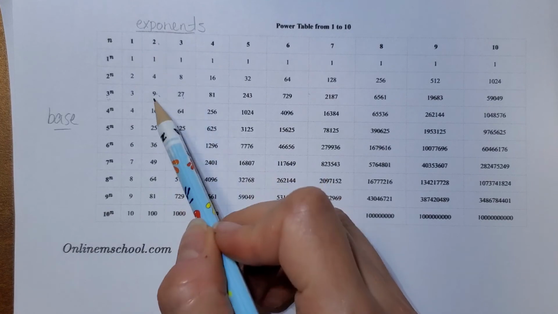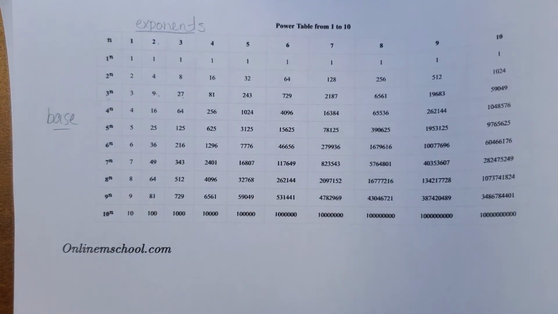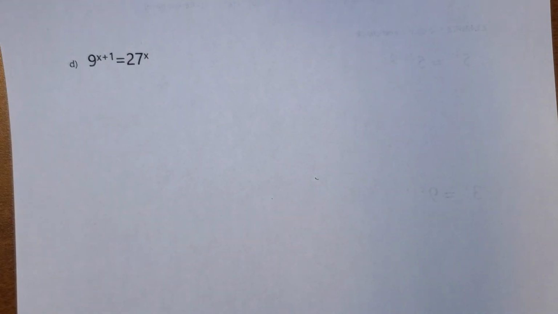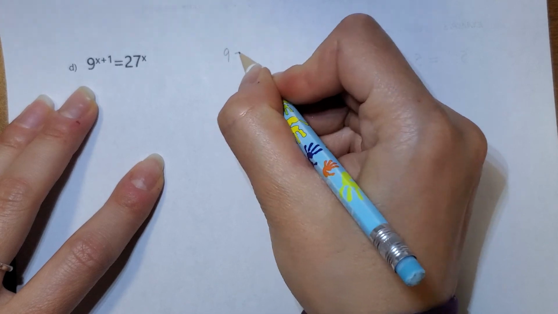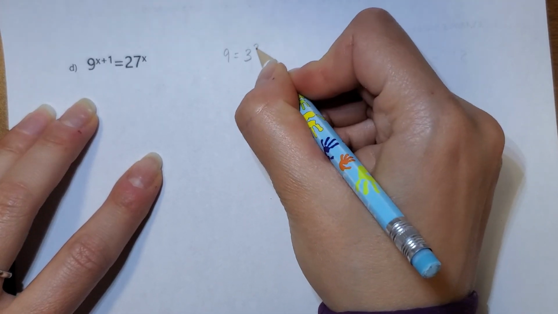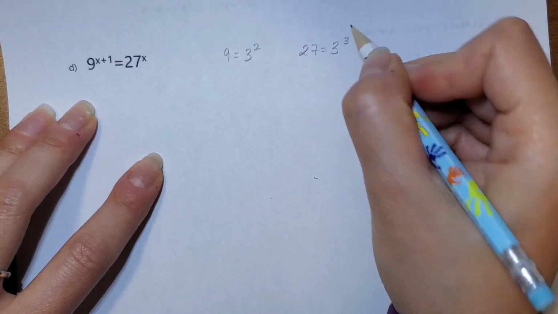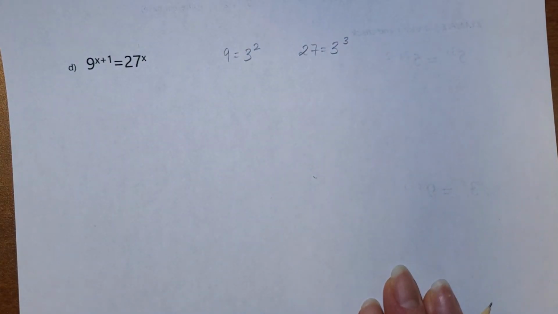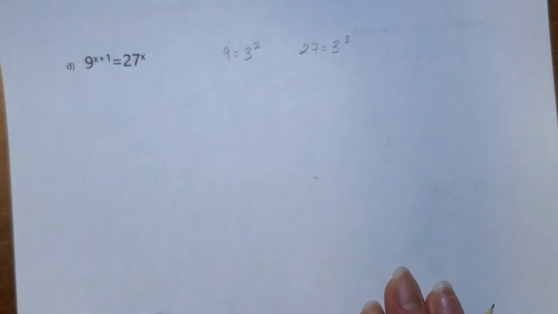So 3 to the power of 2 equals 9. 3 to the power of 3 equals 27. So let's make note. So we know 9 equals 3 to the power of 2, and we know that 27 equals 3 to the power of 3. So we can rewrite our bases in terms of the same base that we know.